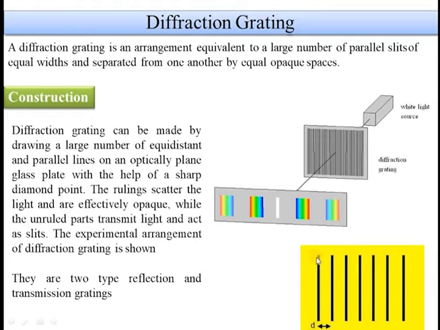You can see here this acts as the opaque region that doesn't transmit light. This is the region where the line is drawn, and again there is a region which transmits light, a transparency, and it acts as the slit, and again there will be a region where a line is drawn, that will be opaque. Through this region light is transmitted, and these types of gratings are transmission gratings.